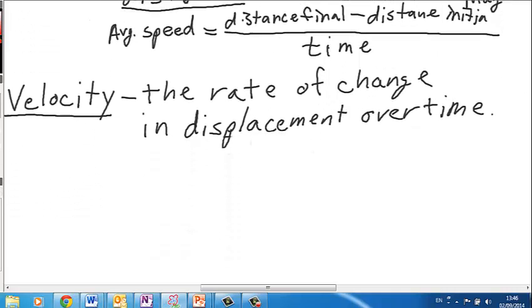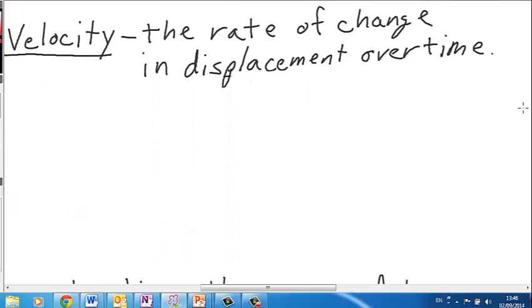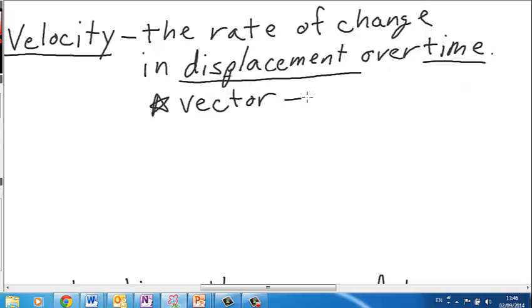Okay. Velocity, on the other hand, is the rate of change in displacement over time. Displacement is a vector quantity, so velocity is also a vector, meaning that it has both magnitude and direction. Velocity has to be going in a specific direction.